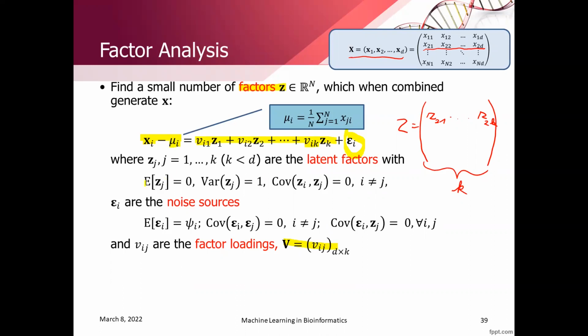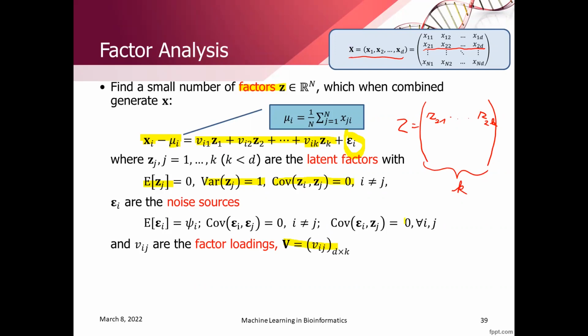We require that for all the factors, the expected value is 0 and the variance is 1. And they are pairwise independent, so the covariance of any two factors z i and z j, where i is different from j, is 0.